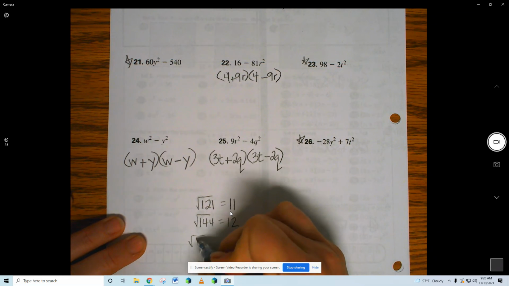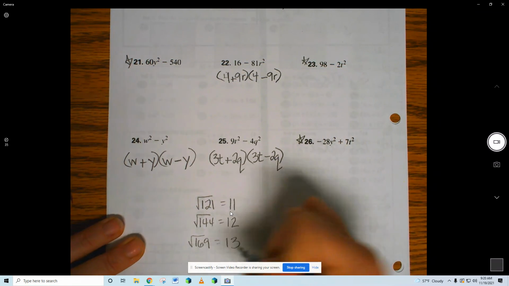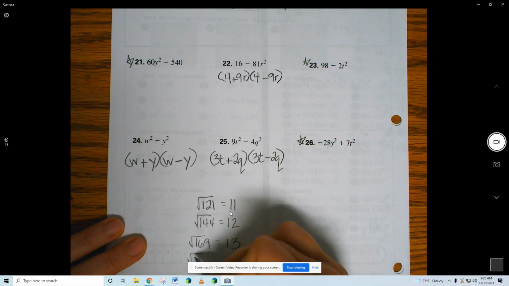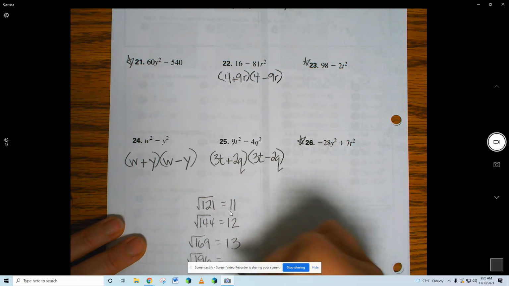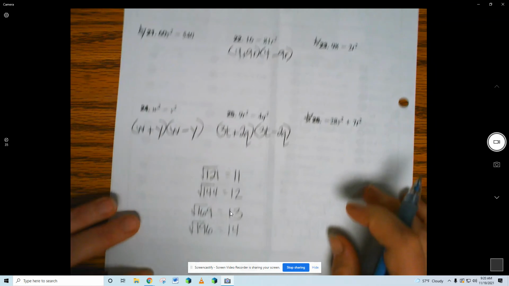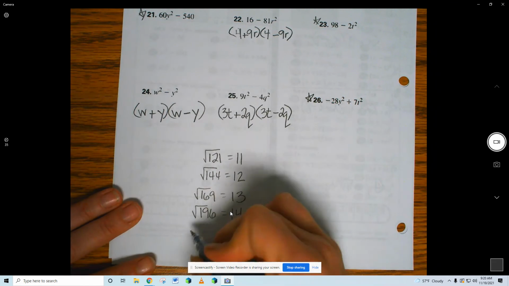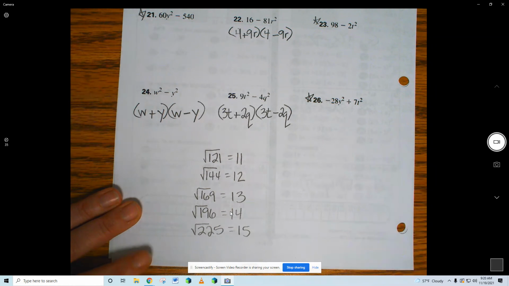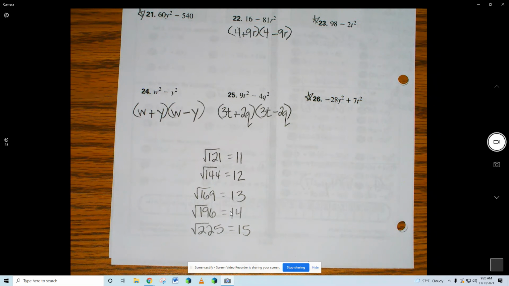The square root of 169 is 13. The square root of 196 is 14. The square root of 225 is 15. So these are also perfect squares.